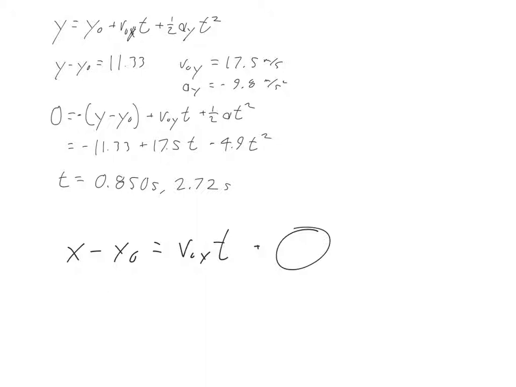The velocity in the x direction we solved before as 30.3 meters per second. So it's just a matter of plugging in 30.3 into the velocity, 2.72 into time, and we see what displacement that is, and see if that is beyond the Green Monster, which was supposed to be 95 meters away from the plate.